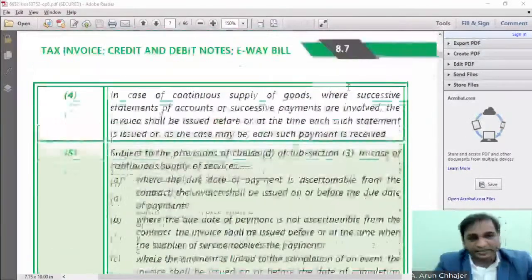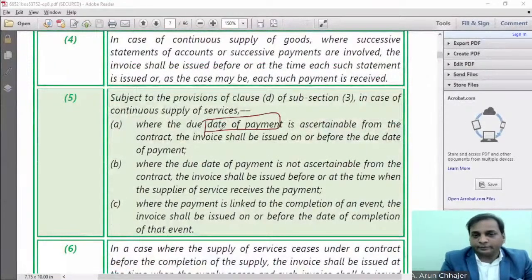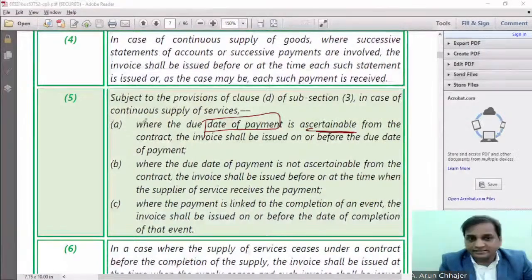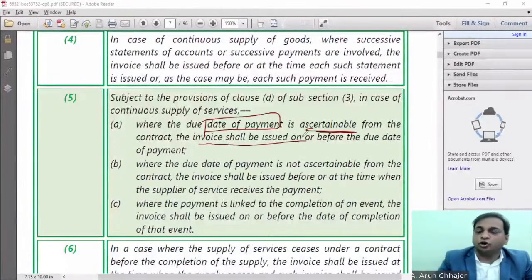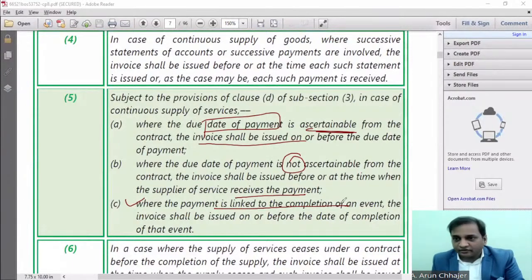Sure, I will explain the third point once again. So first, if the due date of the payment is ascertainable, then the invoice is to be issued on or before the due date of the payment. If not ascertainable, then when the payment is actually received. And the third clause is saying that when the payment is linked to the completion of an event, like works contract service.